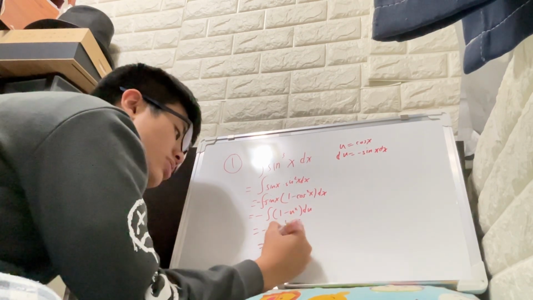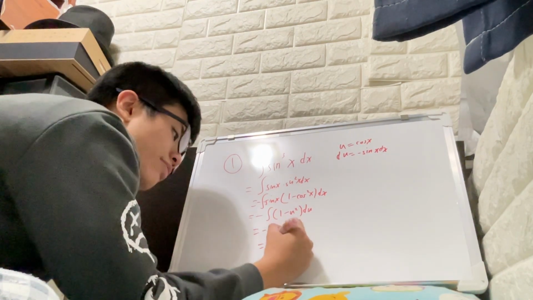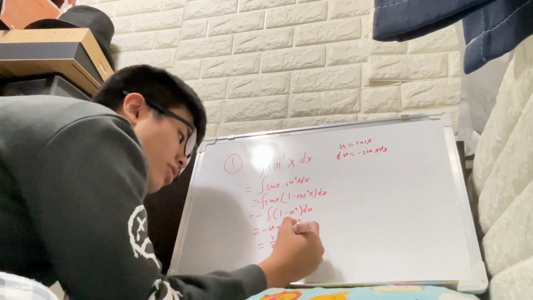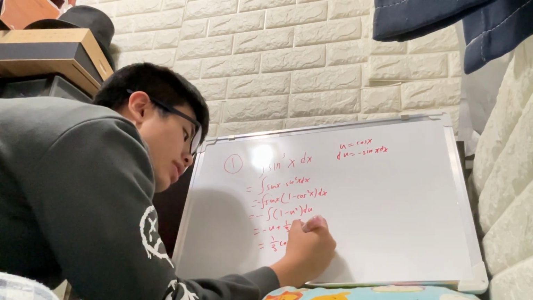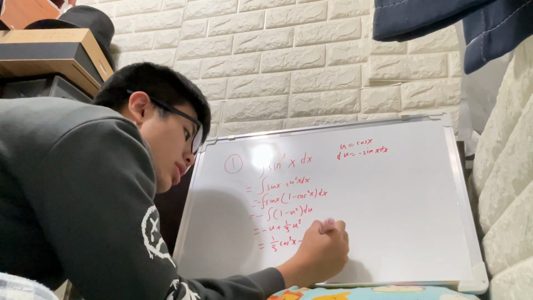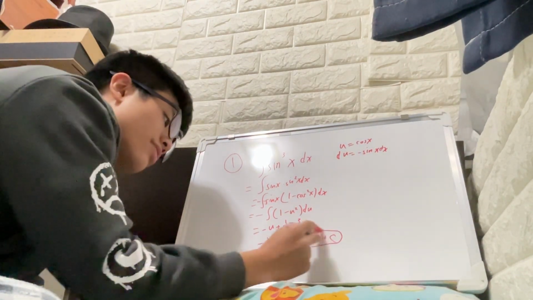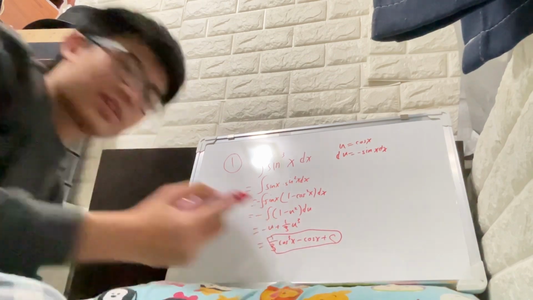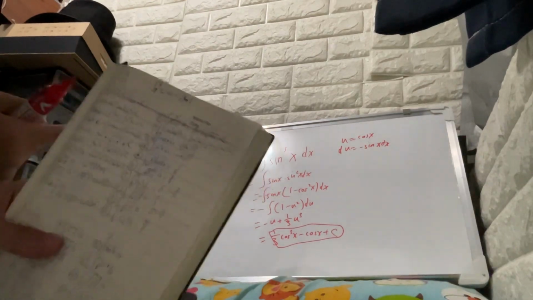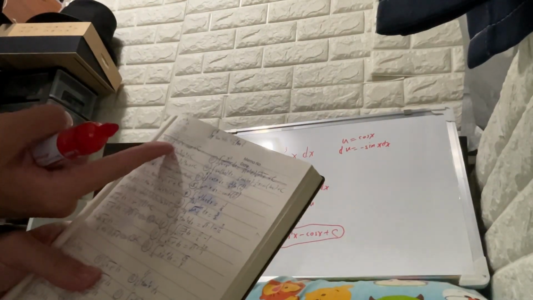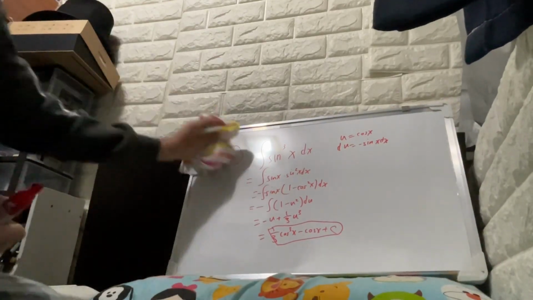So our final answer is, let me put the positive first, 1/3 cosine cubed x minus cosine x plus c, and that's our answer. Let me check the answer, and yes, you see 1/3 cosine cubed x minus cosine x plus c. That's our first answer.